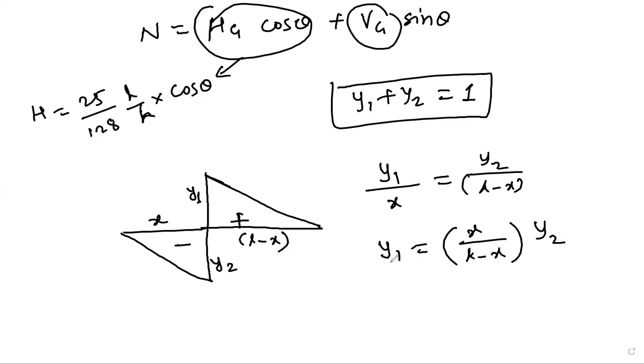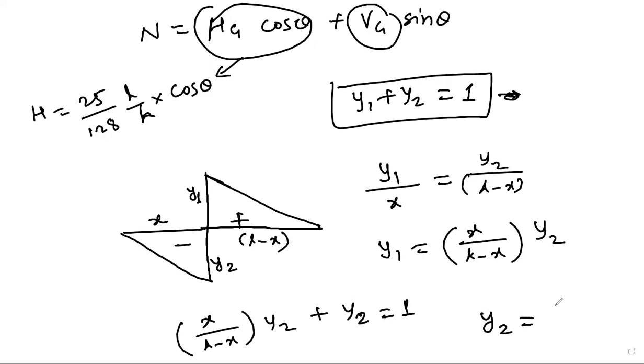So put the value of y1 in this equation: x by L minus x, y2 plus y2 is equal to 1. Simplify, you get y2 is equal to L minus x by L.